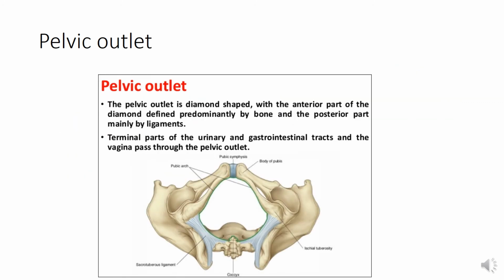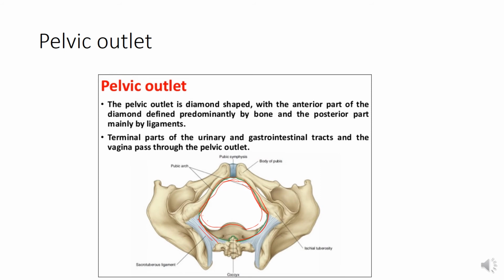Pelvic outlet: as there was a pelvic inlet, which was the upper boundary of the pelvic cavity, this pelvic outlet is the lower boundary of the pelvic cavity. So here was the upper boundary, and here is the lower boundary shown in the green color. The anterior part of this boundary is formed by the ischial bone and the posterior part by the ligaments.